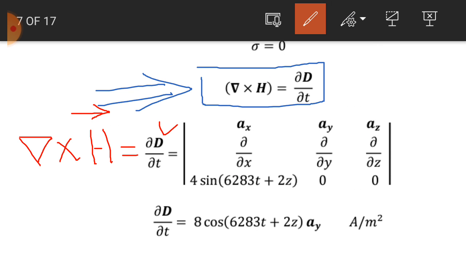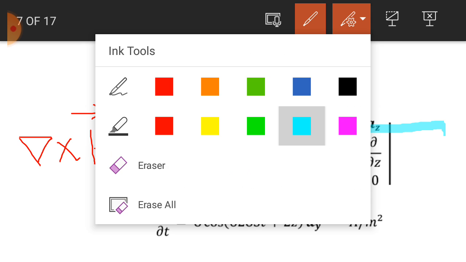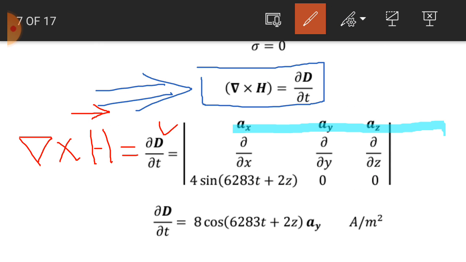So we consider this determinant. In the first row of this determinant, we have the unit vector Ax, the unit vector Ay, and the unit vector Az. In the second row, we have curly by curly x, curly by curly y, and curly by curly z.